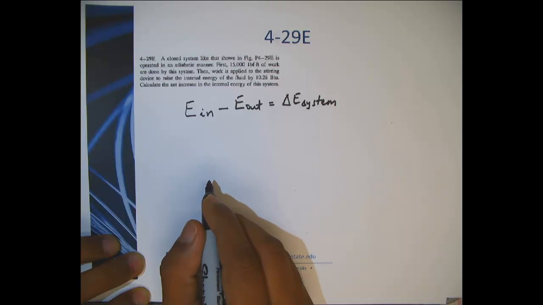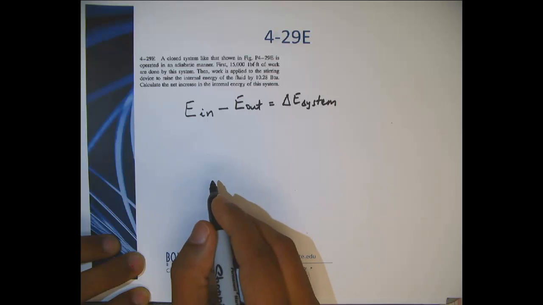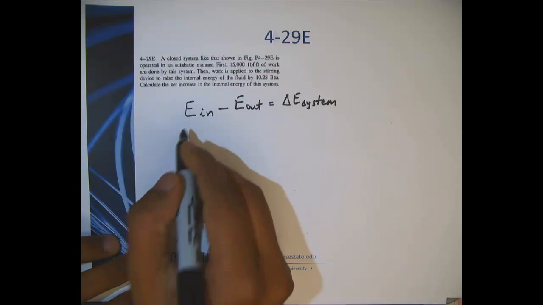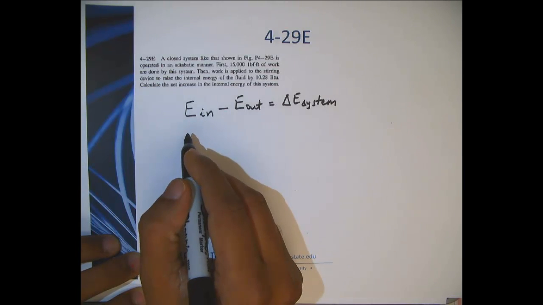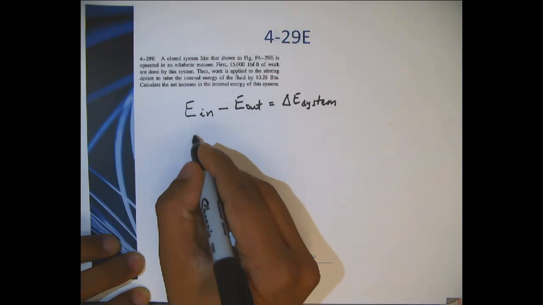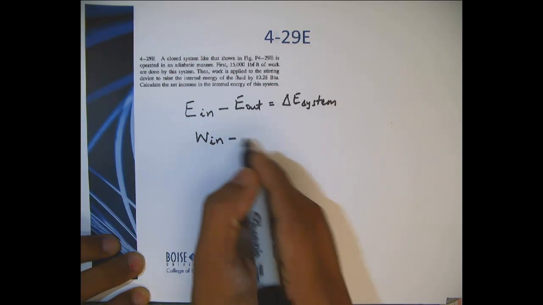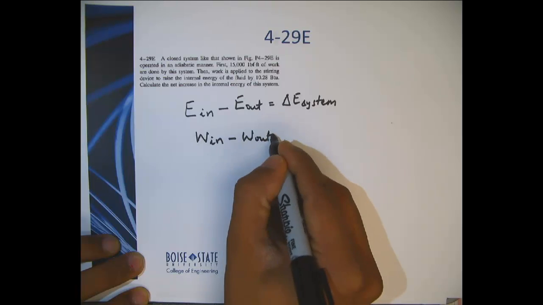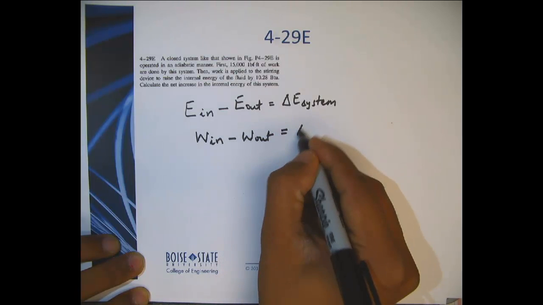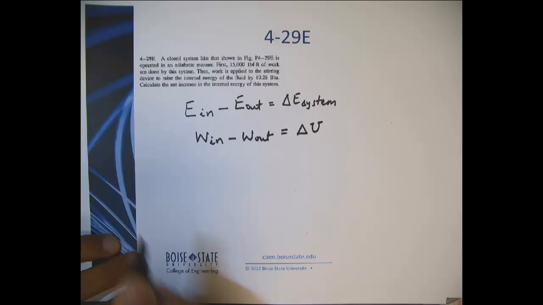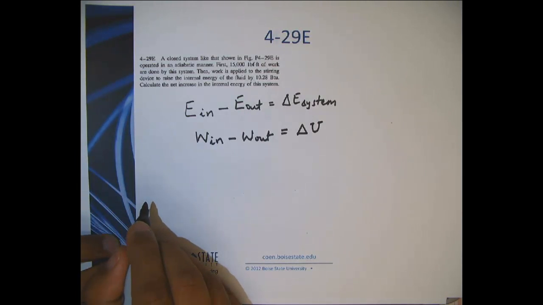We have no contribution of change in kinetic or potential energy in this system, so there is only change in internal energy, and we are not putting in any heat. It's an adiabatic process, so all we are doing is putting in work and getting work out. So this would be the change in the total internal energy.